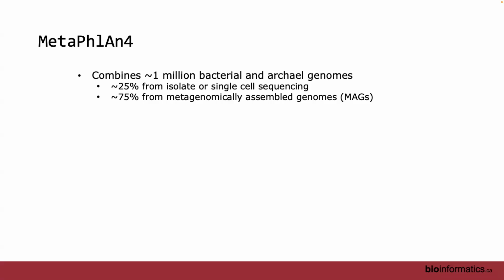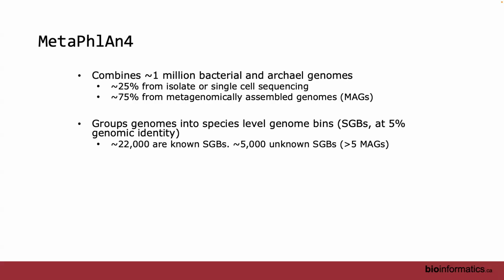And as more and more metagenomes are produced and our ability to make MAGs, metagenome-assembled genomes, grows, those end up going back into our reference databases now, and they actually outnumber our more traditional genomes. So they leverage all of that data, and they do a lot of binning into what they call species level genome bins, or SGBs. That is a cutoff at 5%, and that's basically to try to reduce that large number of genomes to a smaller representative set of genomes.